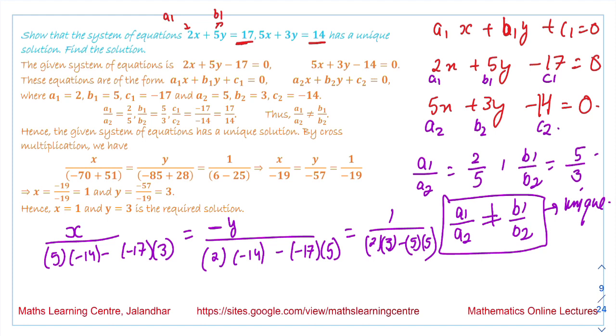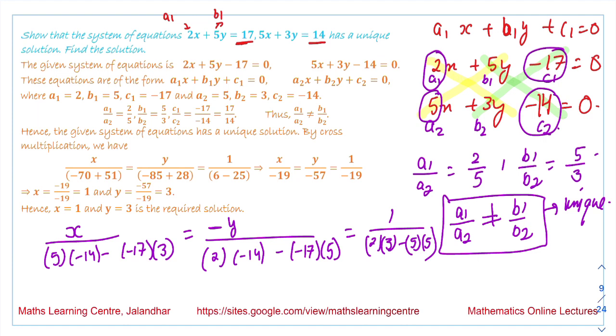We are multiplying these two in the last, then for the first two terms it is 5 into minus 14, and for the middle term it is 2 into minus 14, 5 into minus 17.